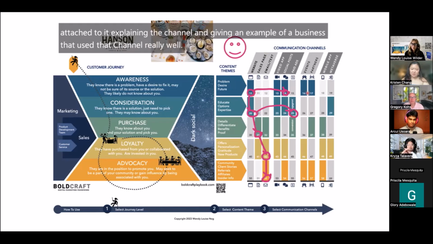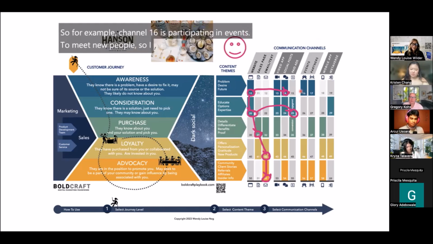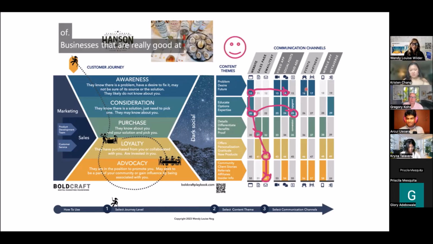So for example, channel 16 is participating in events to meet new people. I talk about that and give some examples of businesses that are really good at going to events and meeting new clients. Does that answer your question?